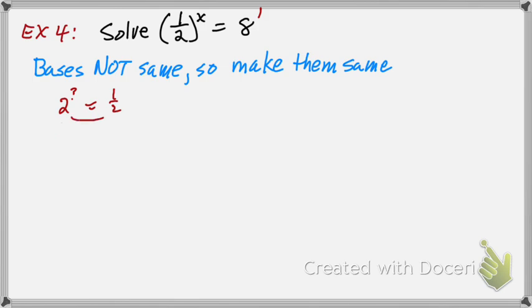See, to get that 2 to go from there to the denominator, it's going to have to be a negative power. So 2 to the -1?